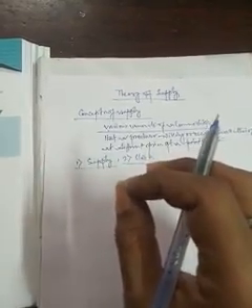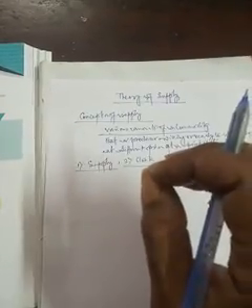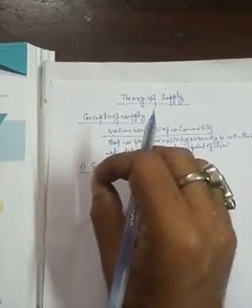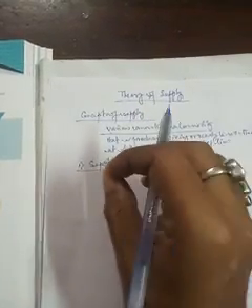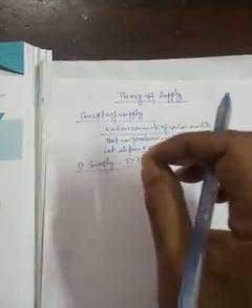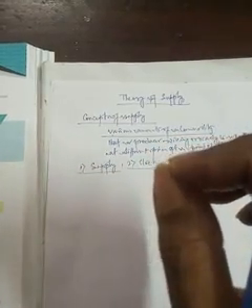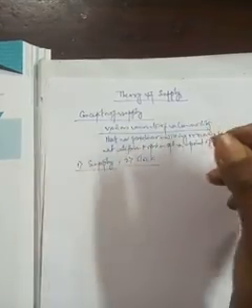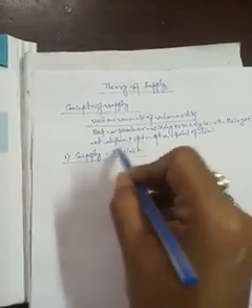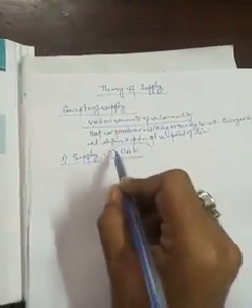That means stock is that amount of goods which is not only present in the producer's hands, but also the amount of goods which they can sell in the future. Okay, that is stock. So what is stock?